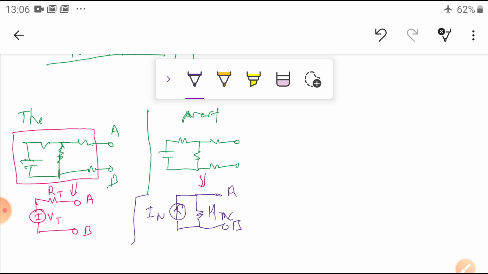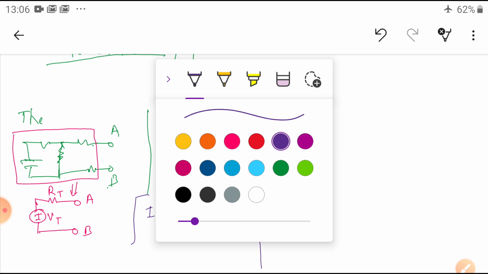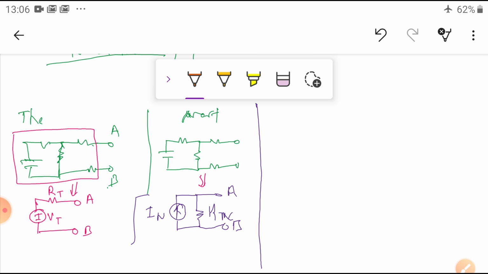Okay, so now how are we going to calculate it? I am going to write it.